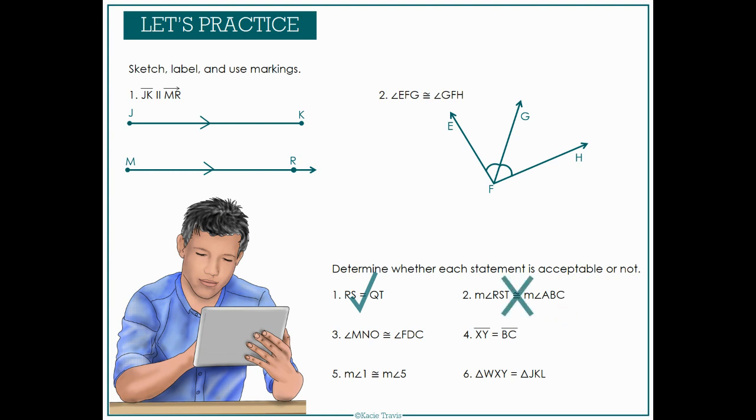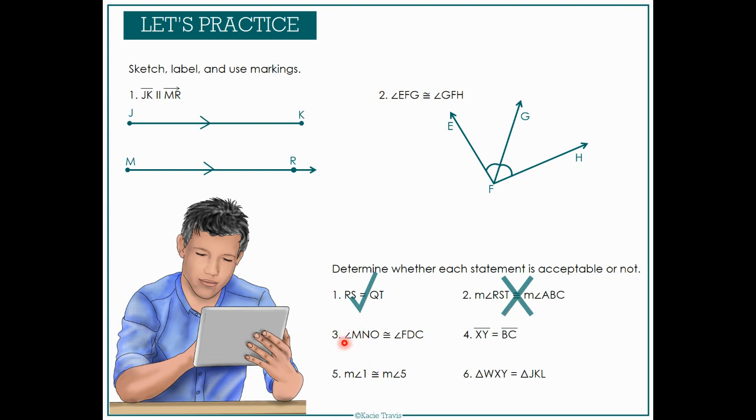This would not be correct. If you're using congruent, you do not want to use the M in front of the angle because congruent is talking about this shape and this shape are the same. They match. Now, if you wanted to use this statement correctly, you would put an equal sign, not a congruent sign.